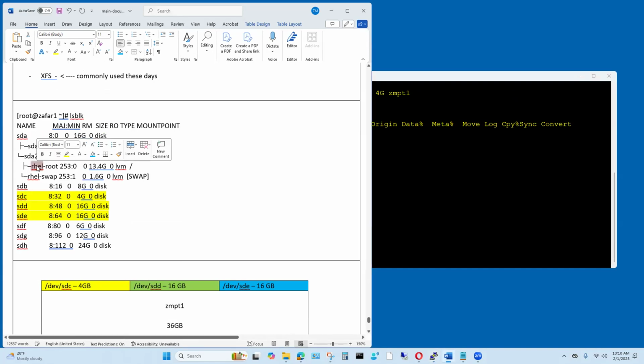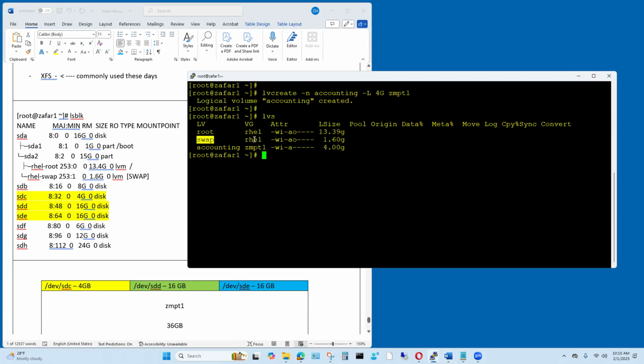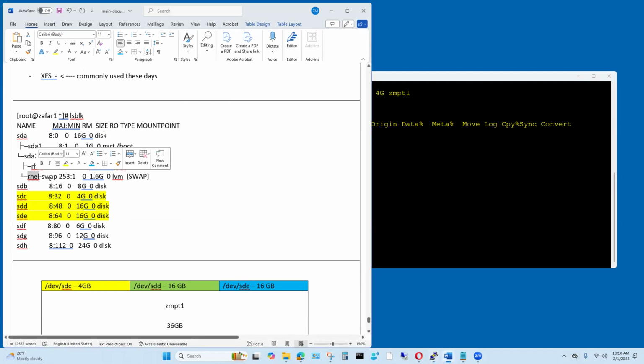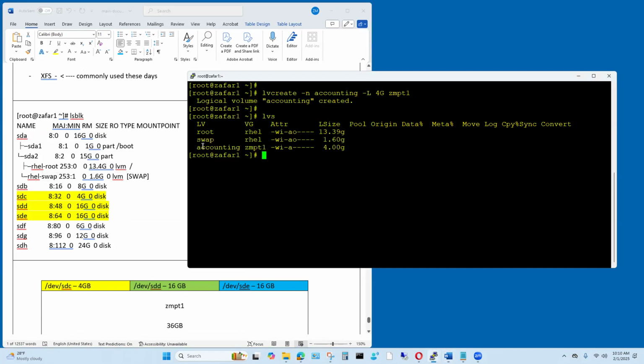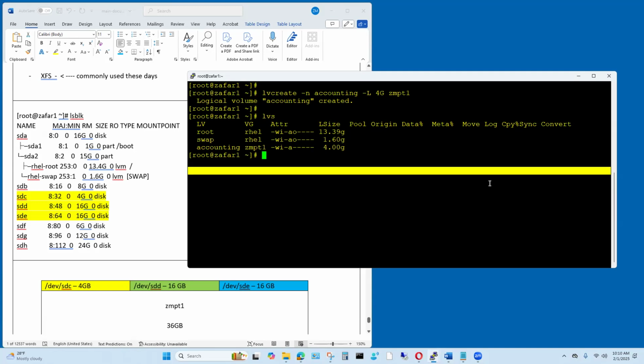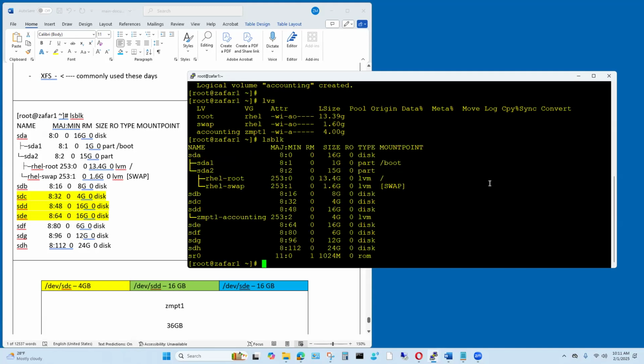It says rel and then root, and then swap, rel again and swap. Okay, and then you see accounting and ZMPT1. So if you run the command lsblk, now you will see ZMPT1 is dangling, and you see accounting in there. Okay, so now let's go ahead and create the rest of them.